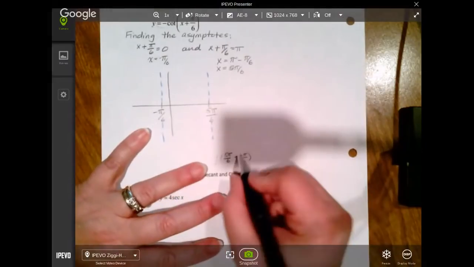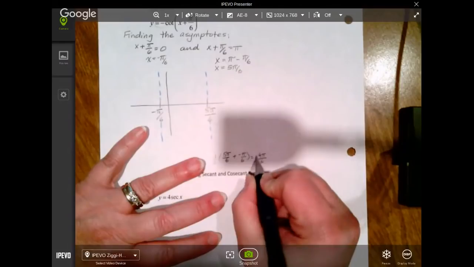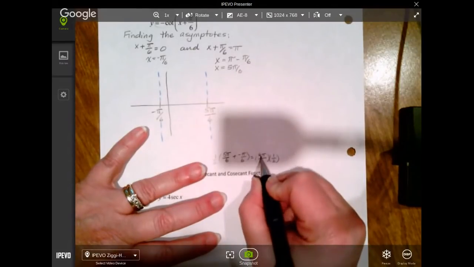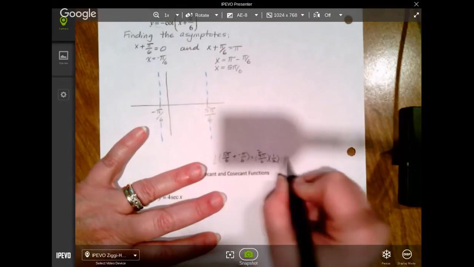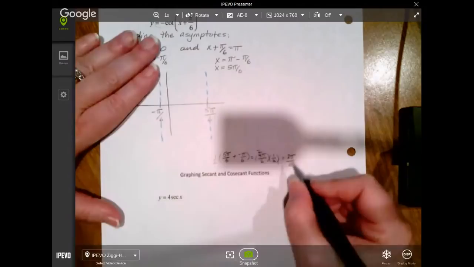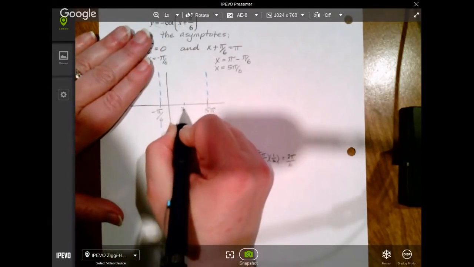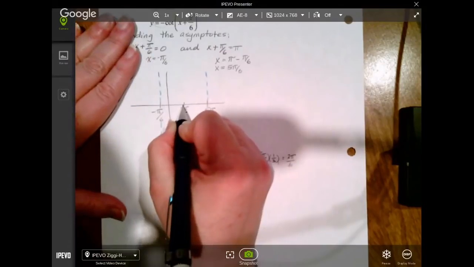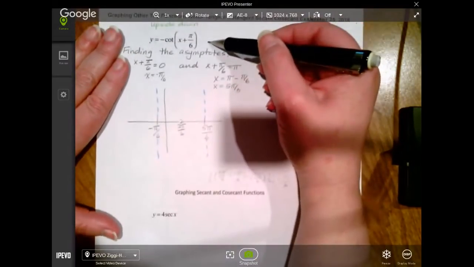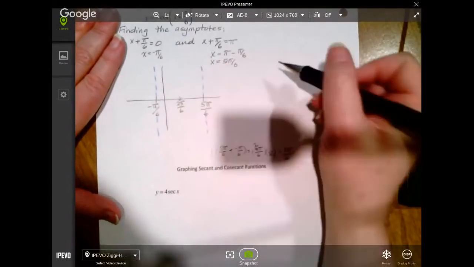That's 4 pi over 6 times 1/2, which means 2 pi over 6 is going to be the middle point here. So we'll put 2 pi over 6 right in the middle. And it's not shifted up or down, because we don't have a vertical shift here, so it's going to be on the midline, which is on the x-axis.